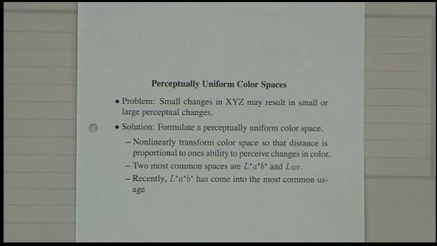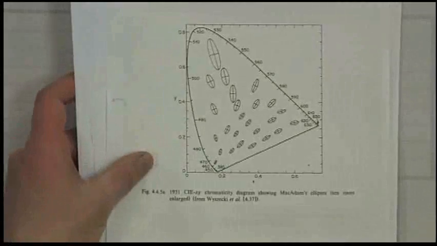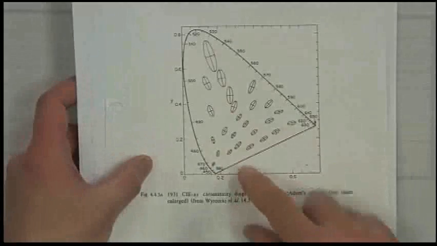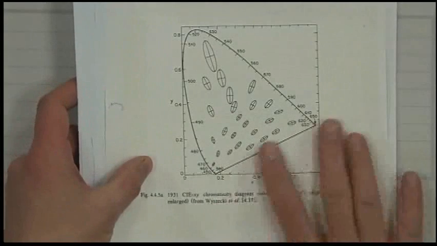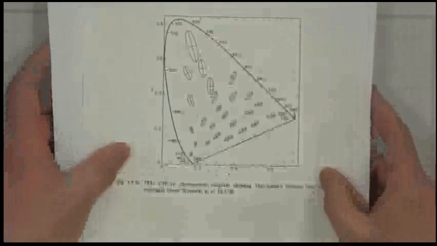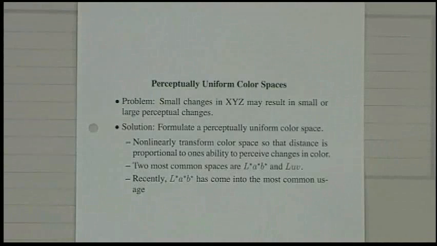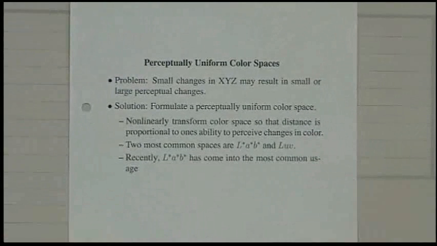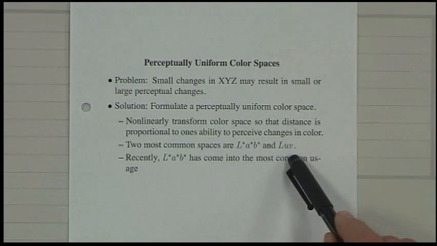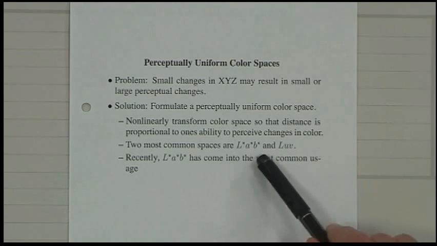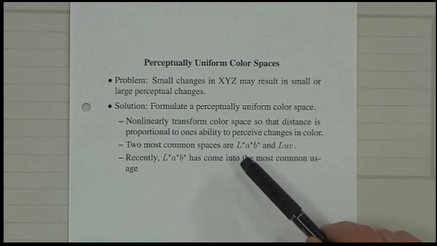And XYZ is terrible, as I pointed out previously, right? It's not even a little bit perceptually uniform. So that's this plot right here, where we saw that the ellipses change in size dramatically. So mathematically, this is very useful, but it's not perceptually uniform at all. So you would not want to do quantization in this space, right? So two commonly used perceptually uniform color spaces are LAB and LUV. And of those, I think LAB has really become much more popular.